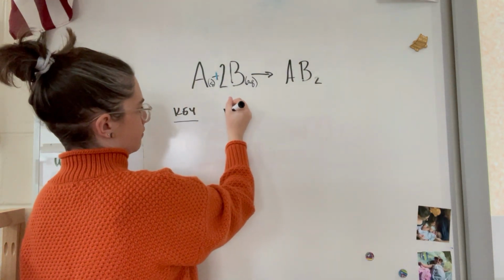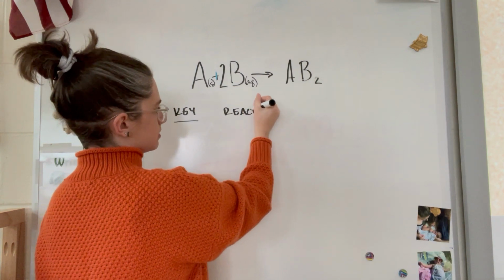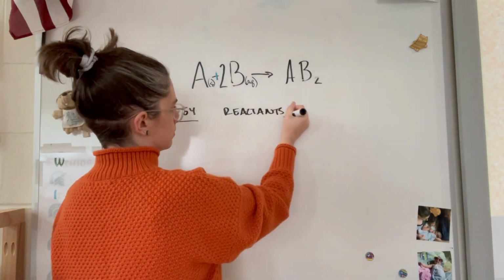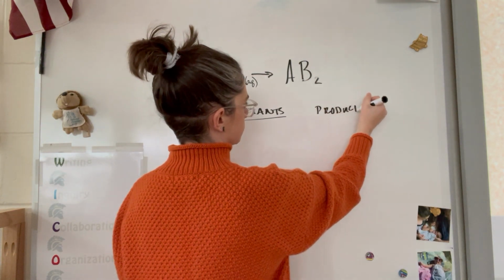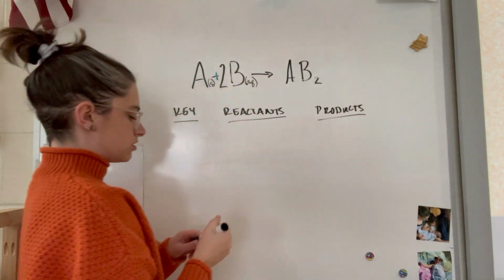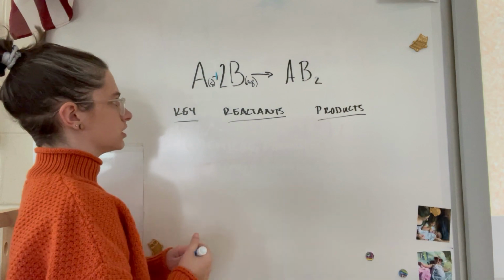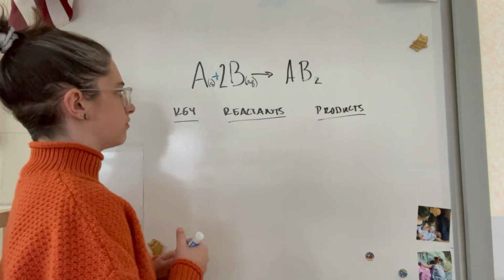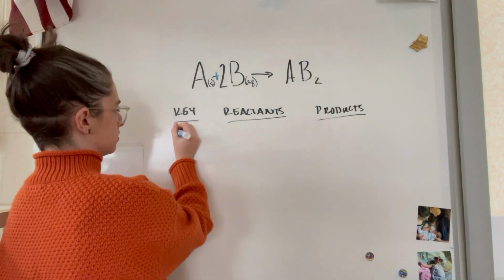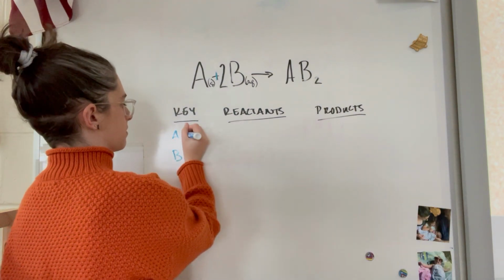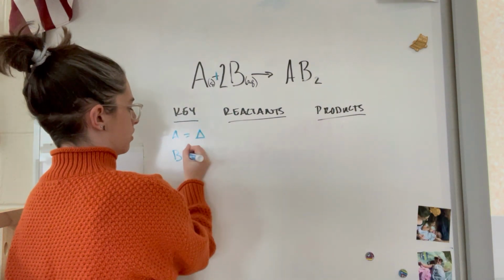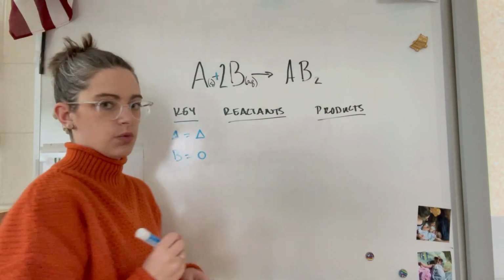I'm gonna have a box for my reactants and a section for my products. I'm gonna start by making a key for each of my elements. So I've got two elements involved. I have element A and element B. We're gonna represent element A with a triangle and element B with a circle.